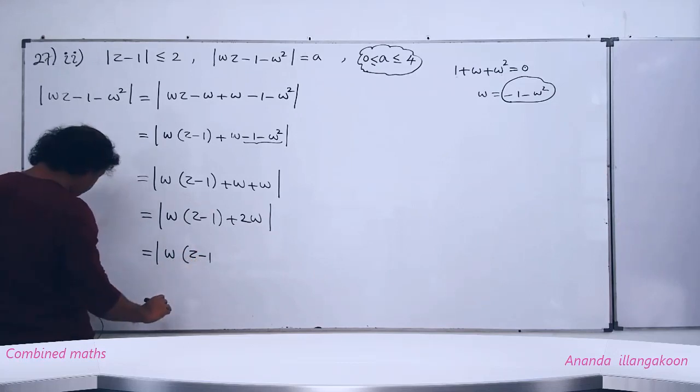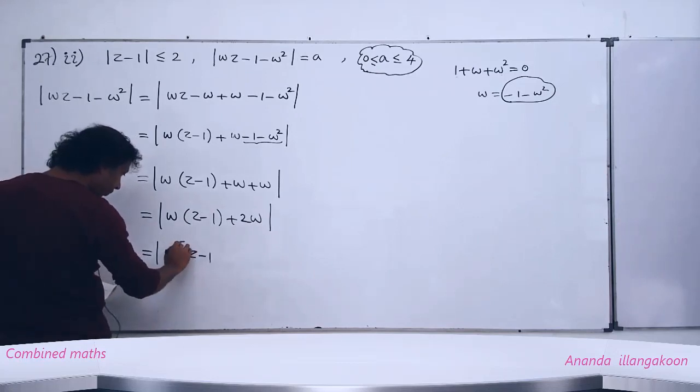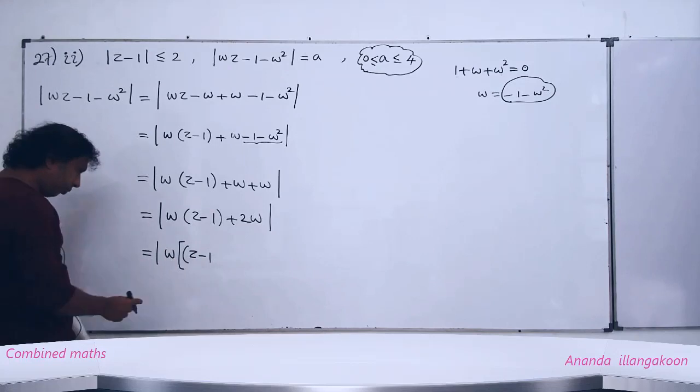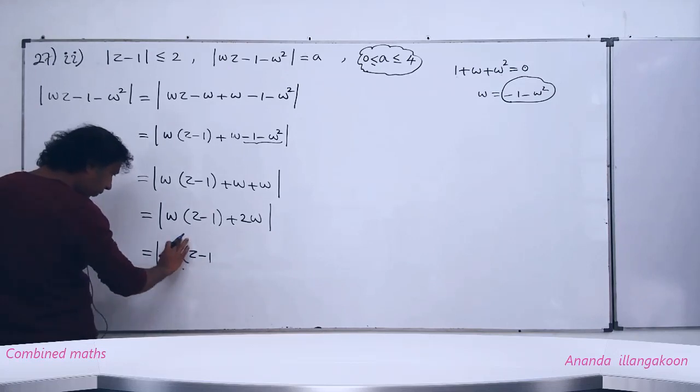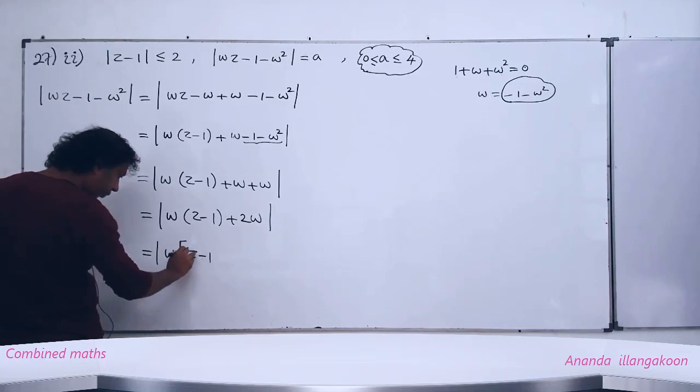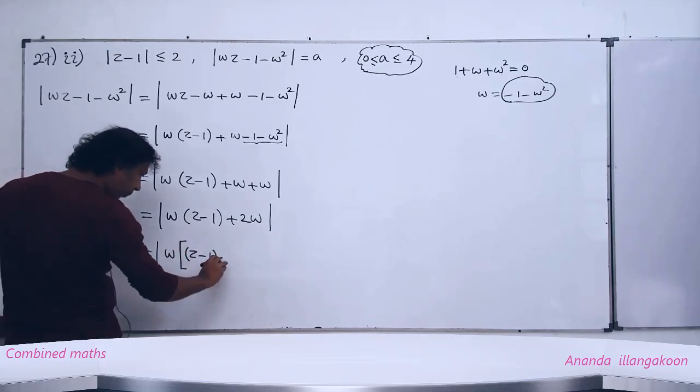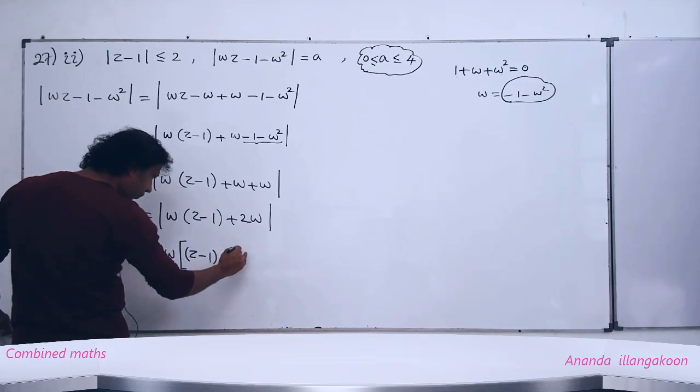So the bracket is z minus 1 plus 2. We have it like this.